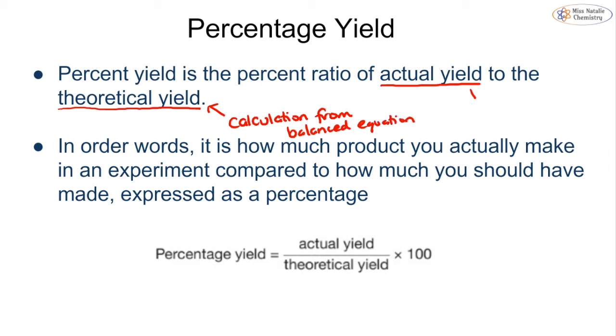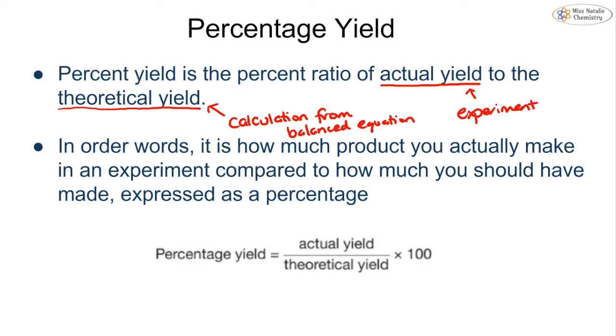Whereas the actual yield is when you carry out the experiment, what do you actually make? And most of the time you will be told this in the question, unless this is the thing that you're being asked to determine. But 9 times out of 10, you will be told what the actual yield is.